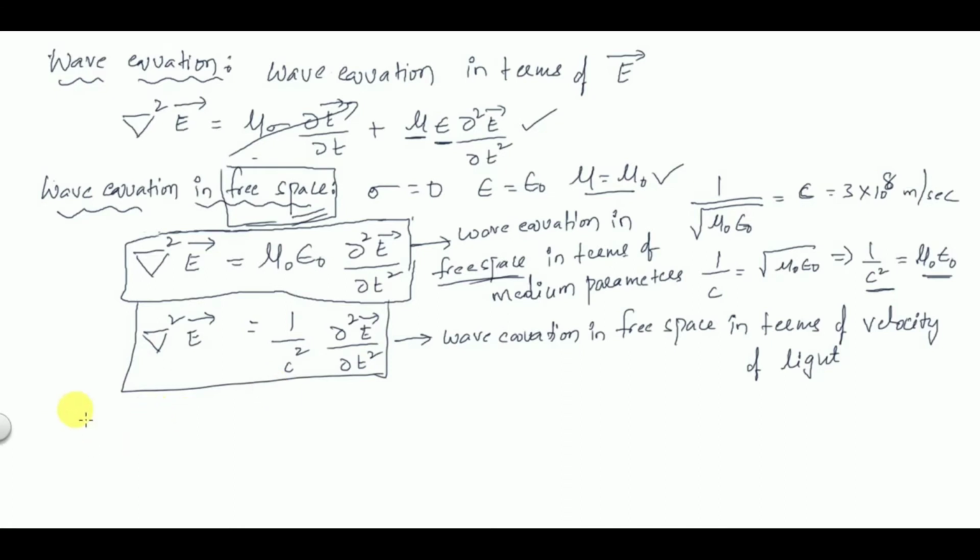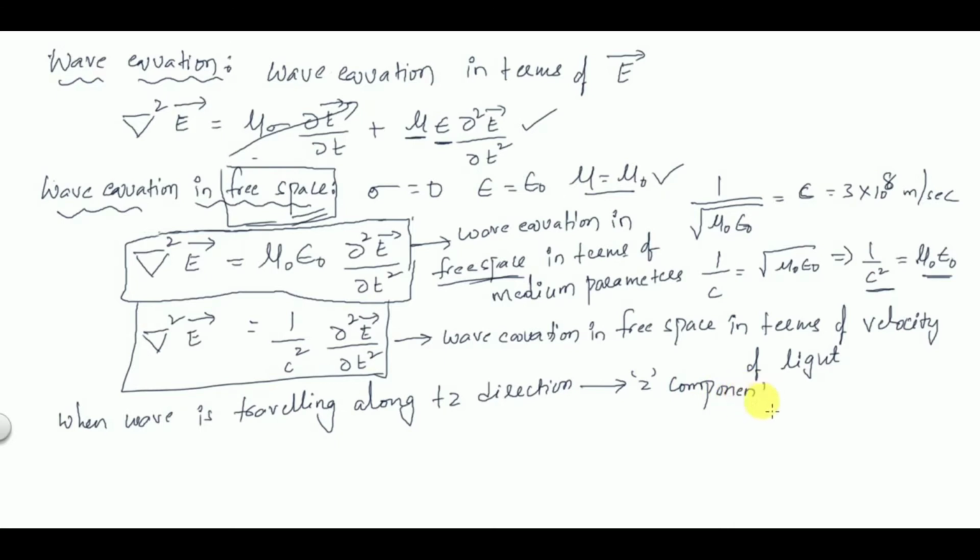When the wave is traveling along the positive z direction, it will have only x or y components.